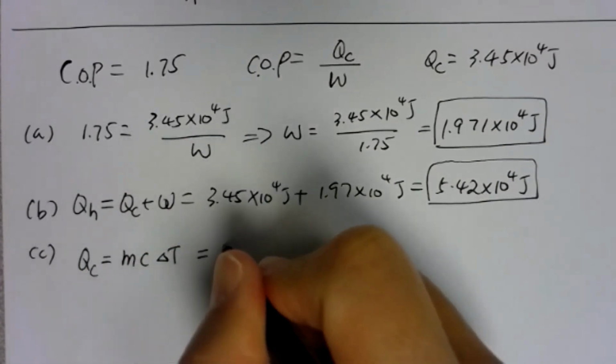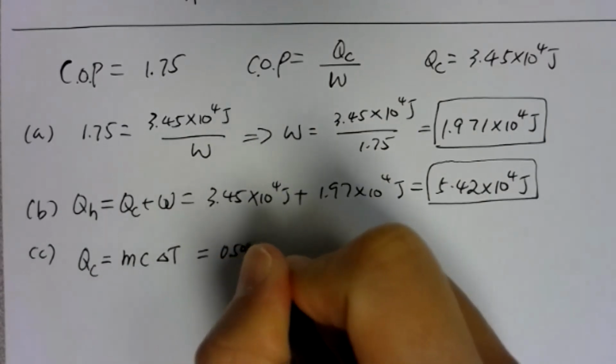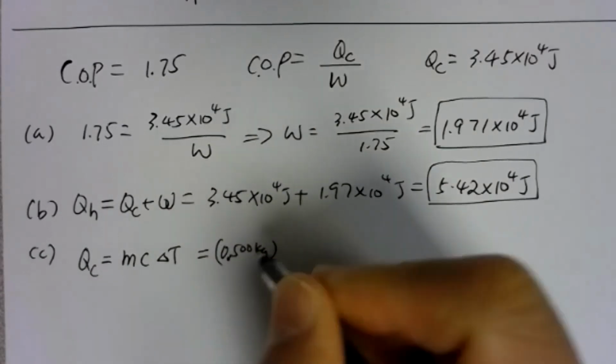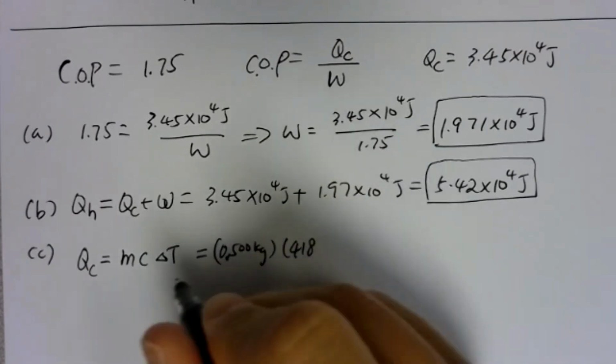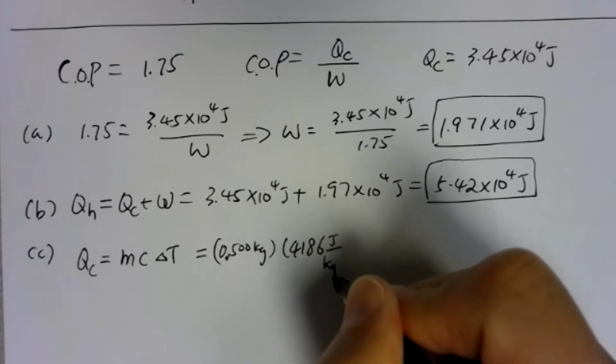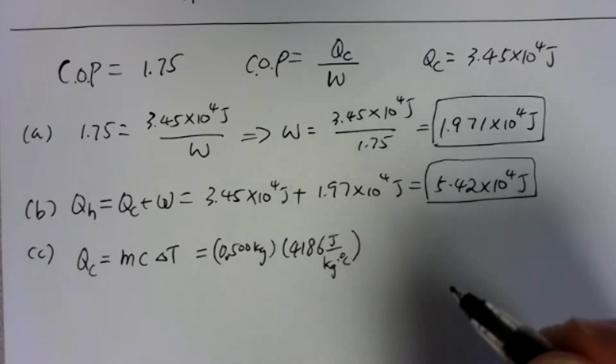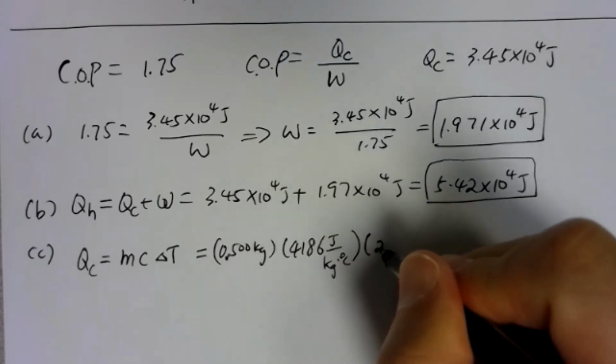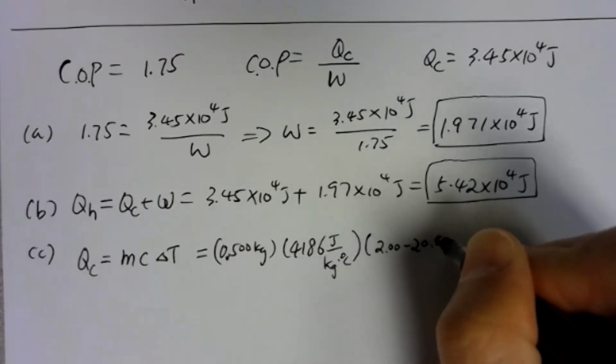It says 500 grams, so 0.5 kilogram, and for c you look up 4186, or you might have remembered it by now. Delta T will be 2 minus 20.